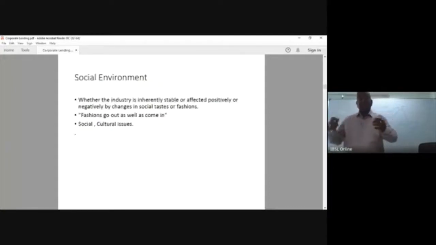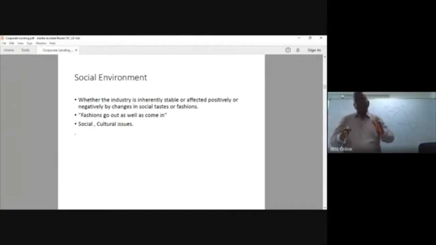Then the social environment. This is also an important thing. Whether the industry is inherently stable, or affected positively or negatively by changes in social taste or fashion. Fashions go out as well as come in. So the social or cultural environment you have to analyze.